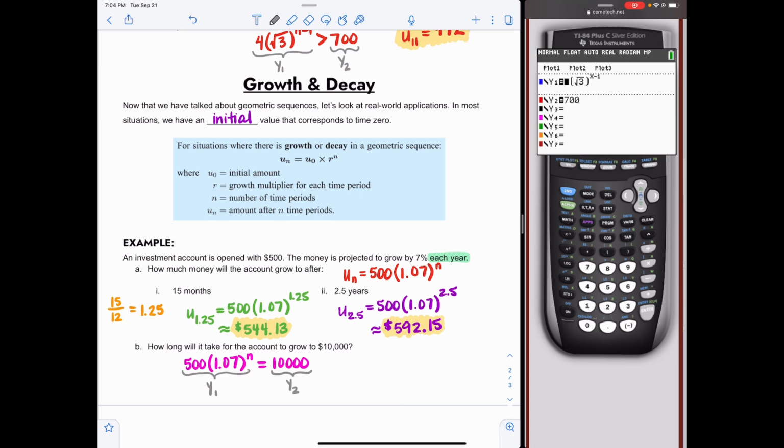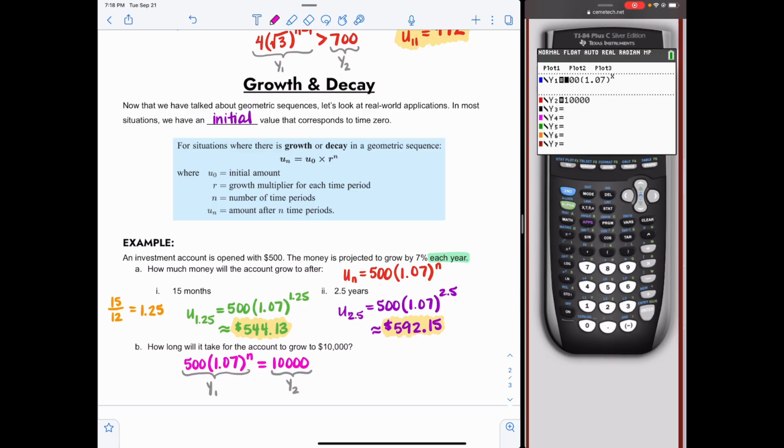So once we do that, we will have 500 times 1.07 to the power of x. And then we're going to have 10,000 here.